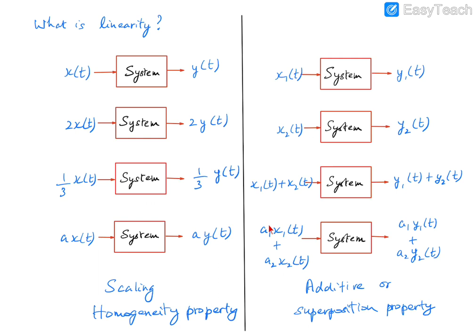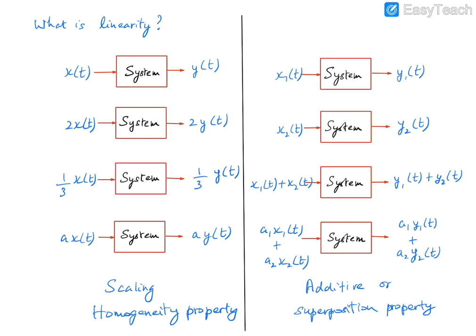When the input is a1 x1, the output is a1 y1, which is the scaling property. When the input is scaled by some factor, the output is also scaled by the same factor. Then when we scale the second input by a factor a2, the second output is also scaled by the same factor a2. And when these scaled inputs are combined together by adding them, a1 x1 plus a2 x2, then we have the output as a1 y1 plus a2 y2, which is the addition of the scaled outputs as well.